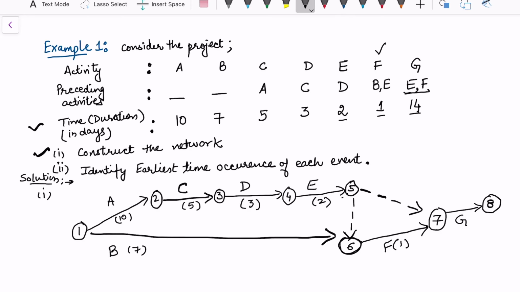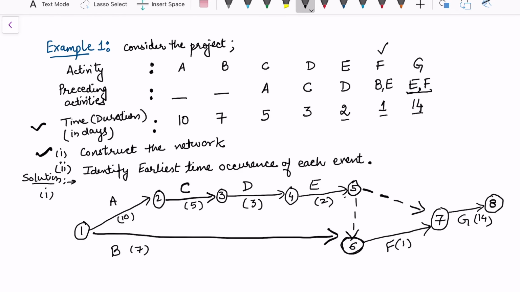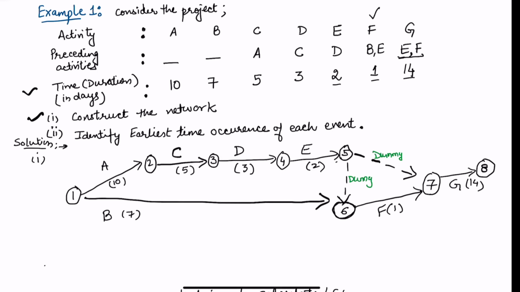F takes 1 day, G takes 14 days, and these two are my dummy activities. So this is dummy, and this is also dummy. Because it is a dummy activity, the time duration taken by these dummy activities is 0 days, so this is not going to affect the total time duration of the project.